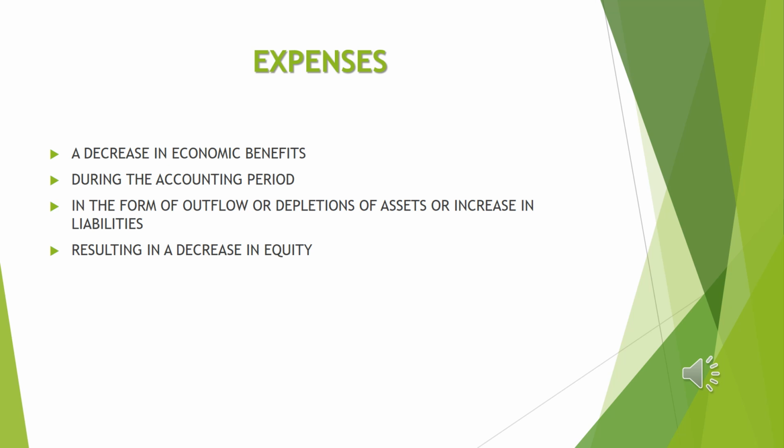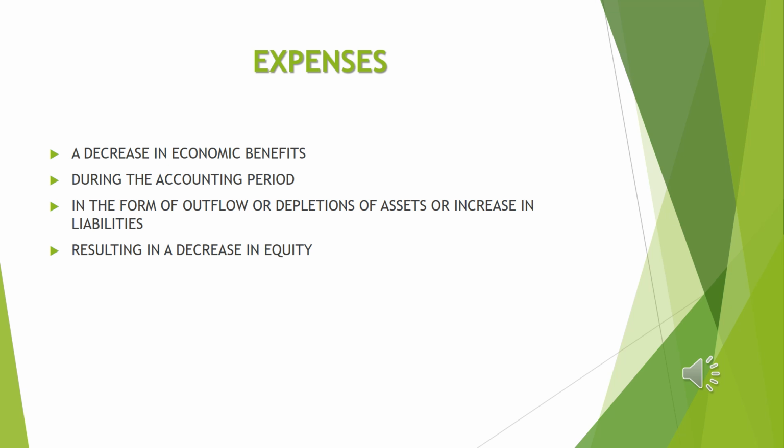Your profit is being reduced, and all the benefits that we were enjoying economically will have a negative effect once we have an expense, and this decrease in economic benefits should happen during the accounting period in the form of outflow.